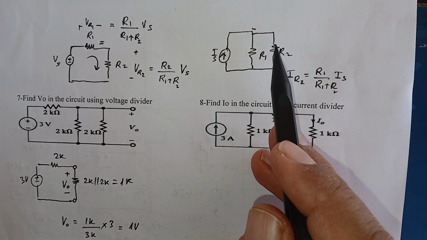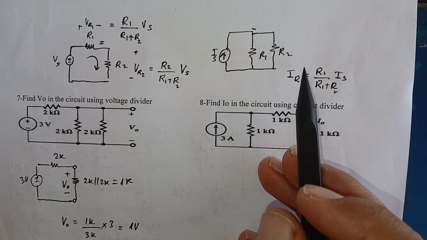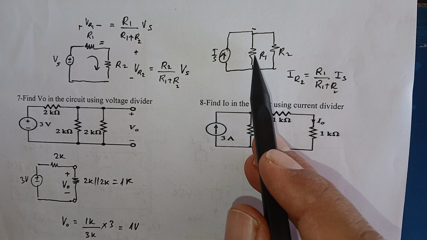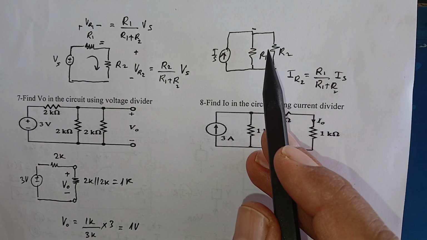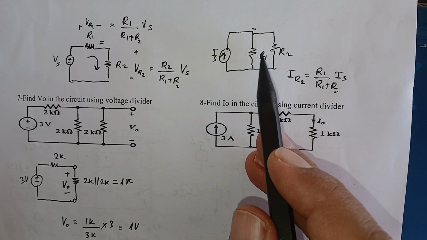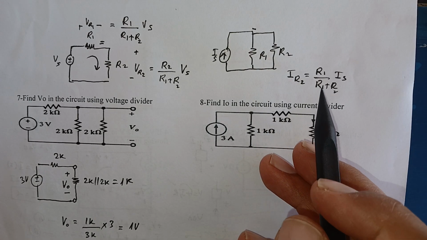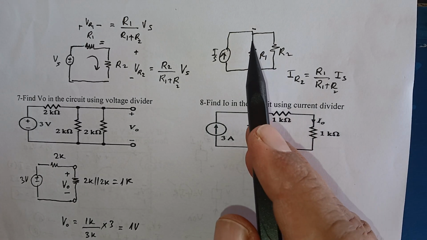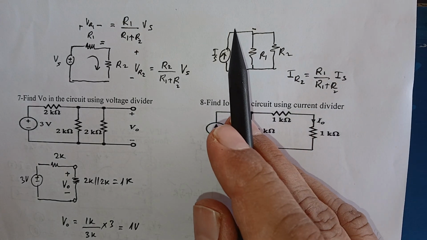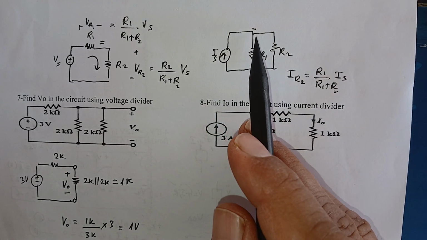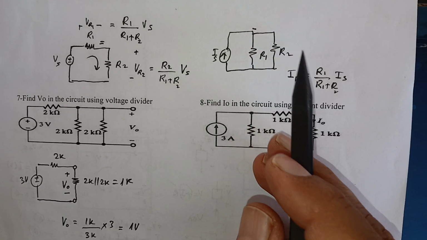if I want to find the current in the R2 branch, then I have to take the opposite resistance, which is R1, and divide by the direct sum of these two resistors in which the current is being divided, which is R1 plus R2, and multiply by the current source IS, or the current entering these two branches.